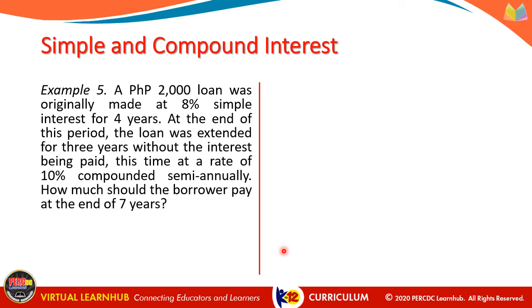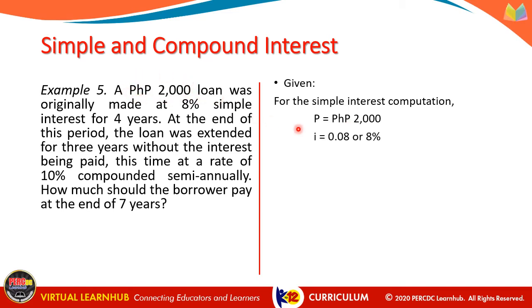Okay, let's take note of the given. We have, for simple interest computation, principal or present value of loan is equal to 2,000 pesos. Interest rate I is equal to 0.08 or 8%. 8% simple interest. And N is equal to 4 years. Okay?